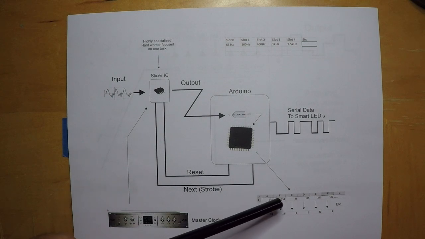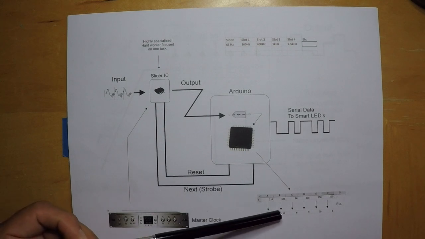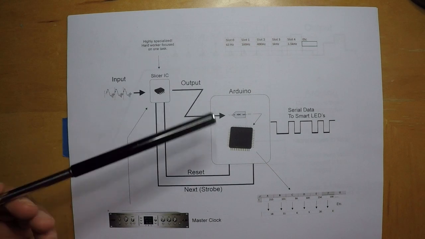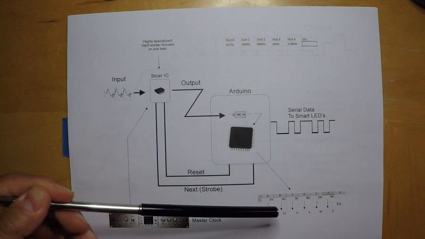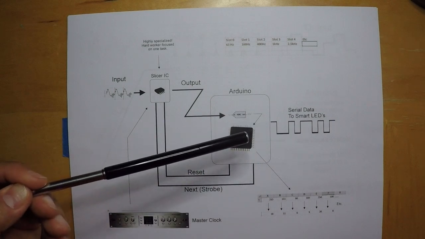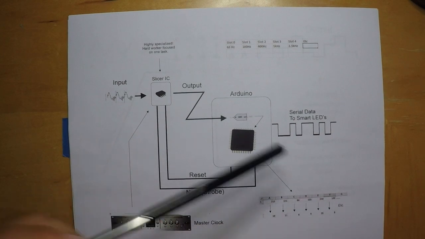Same thing with slot 0 or band 0. We had 151 here for binary. We're going to convert that into a height of 11 LEDs. And you really don't have to worry about all this stuff. The only thing you have to worry about is setting up these LEDs in the correct orientation so that the proper LED is being lit up when the serial data is coming out of the Arduino.